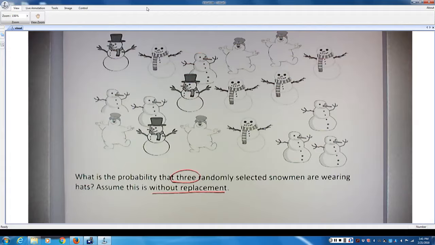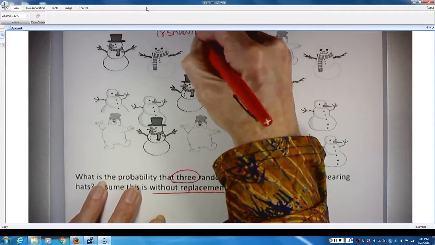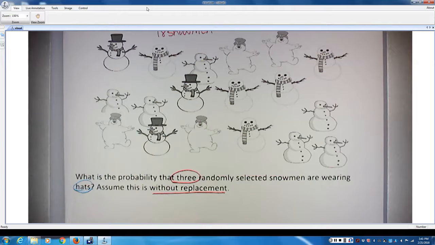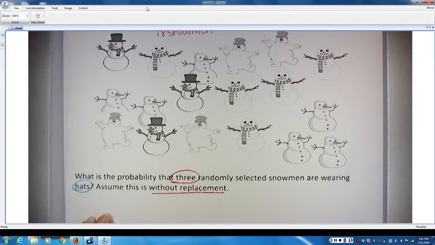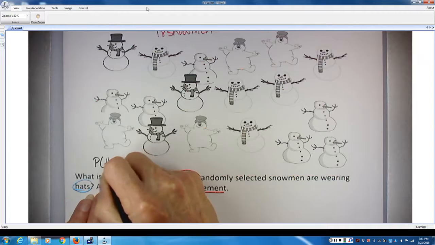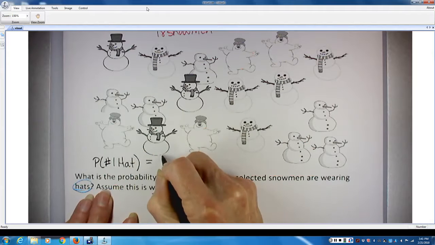Okay? So we know there's 18 snowmen. Not only that, but I think we already counted the hats and said that there were 7 that have hats. So the probability of the first snowman wearing a hat would be 7 out of 18.